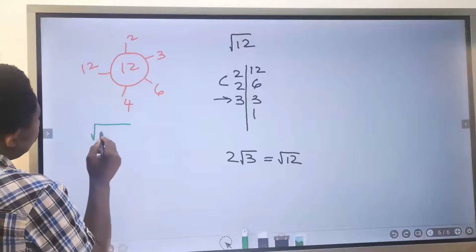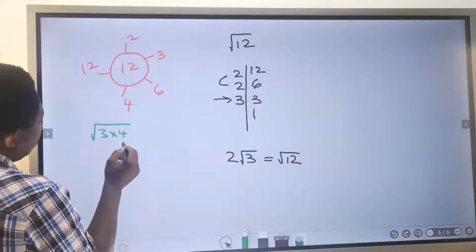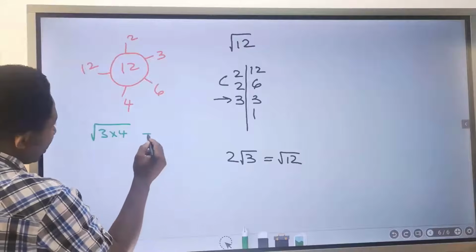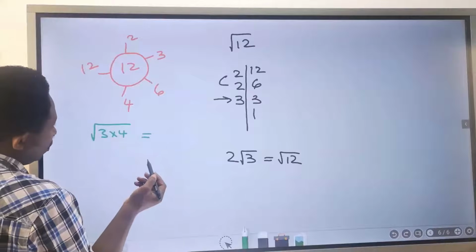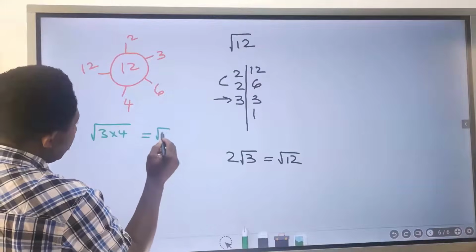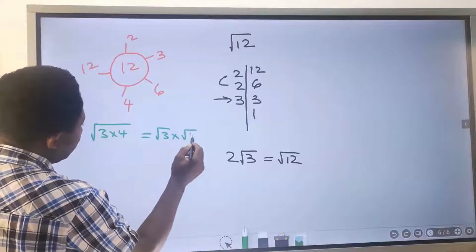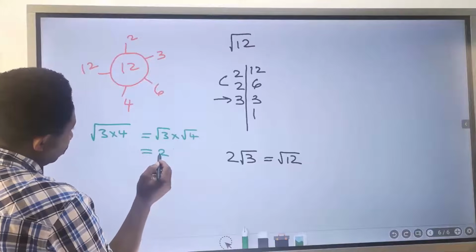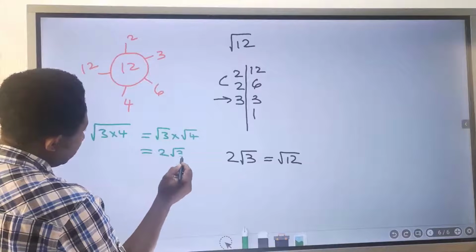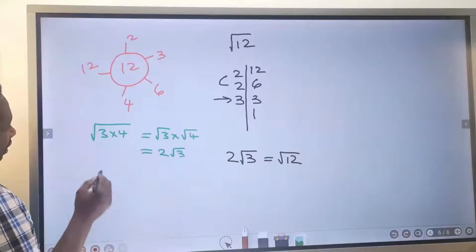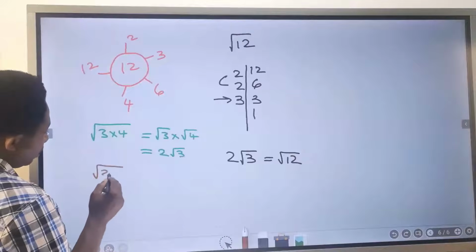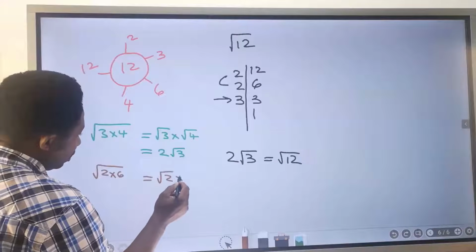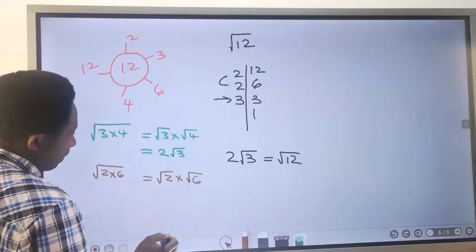If we decide to use 3 times 4, which is the same thing as the square root of 12, we can apply the law of surds that says the square root of 3 times the square root of 4. The square root of 4 is 2, and this is root 3. And if we decide to go with 2 times 6, we are going to have root 2 times root 6.